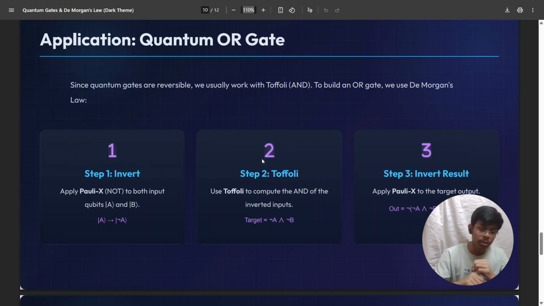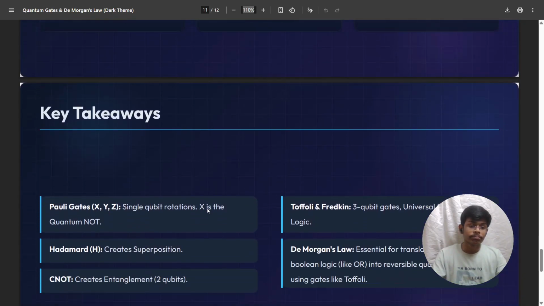According to De Morgan's law, negating that AND operation gives us the logical OR of the inputs. This is a perfect example of how we combine single-qubit gates like Pauli X and multi-qubit gates like Toffoli to perform logical arithmetic.